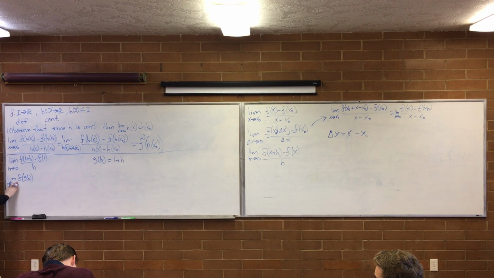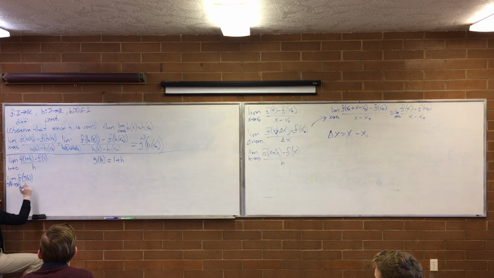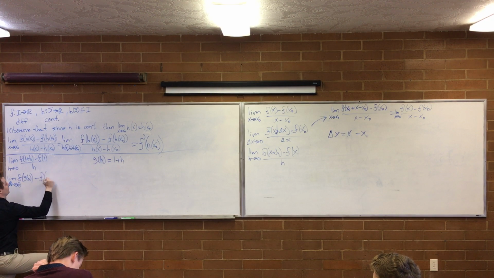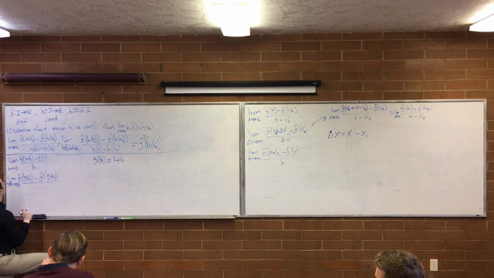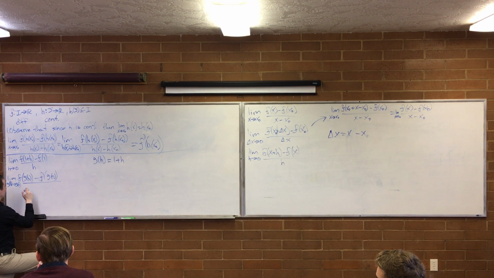As g of h goes to 1, but what's 1 in terms of g? That's g of 0, right? Trying to do it exactly how we have it up here. So minus f of g of 0 over, h is going to be g of h minus g of 0.